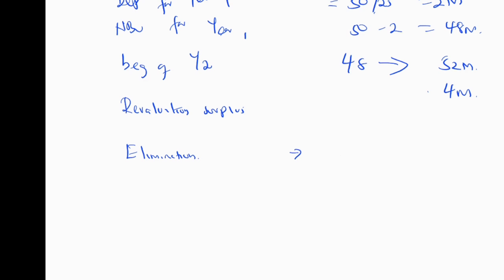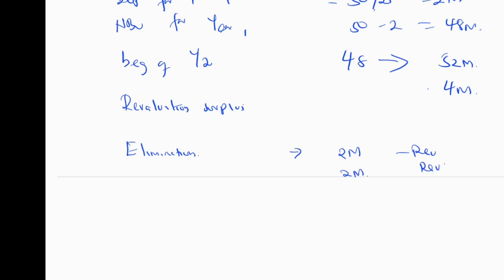You eliminate the depreciation from the asset and from the accumulated depreciation, and then there is an increase of 2 million. The 2 million that was reversed also goes to revaluation surplus.